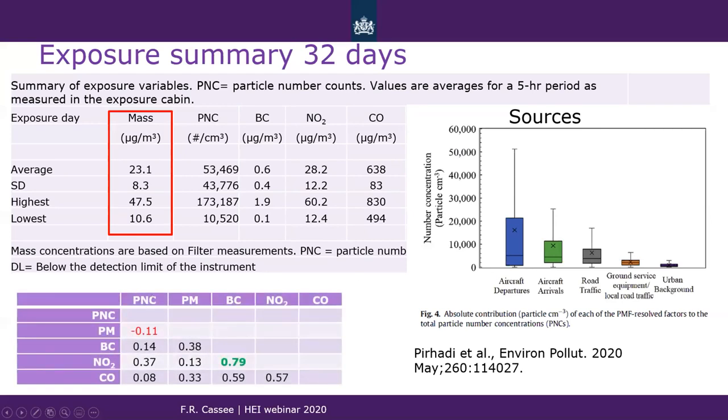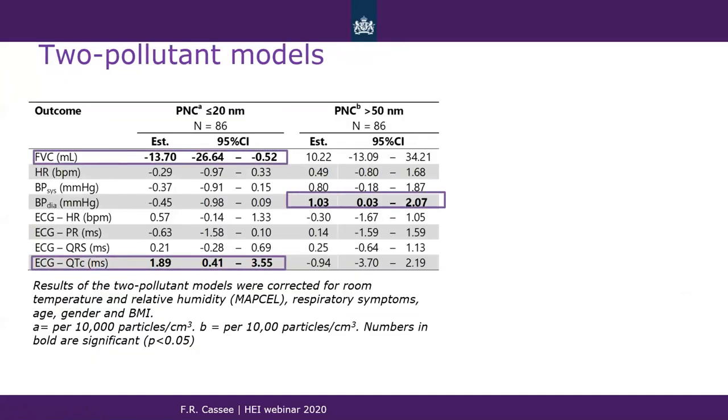What's interesting is that when we talk about discussions, should we abandon mass as a metric? Well, mass and particle numbers, at least in this study, were actually not correlated at all, whereas for NO2 and black carbon, you see strong correlations. So it may be an independent metric for your analysis.